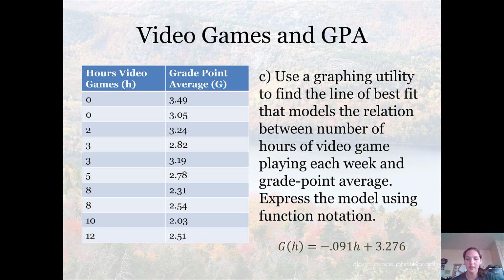So the function I get is g of h equals negative 0.091h plus 3.276. Hopefully, you get something close to that. Why don't you try it out? Was I close? If you completely disagree with me, you should let me know so that I can fix the video or help you figure out what went wrong.